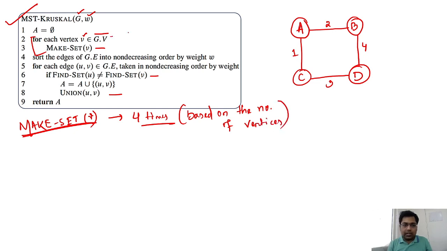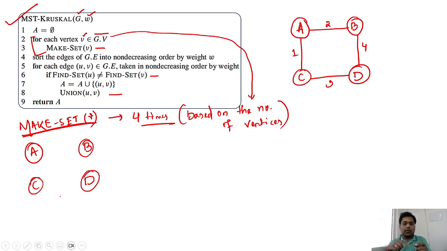This is just a disjoint graph for us, and for each vertex we are running make set.